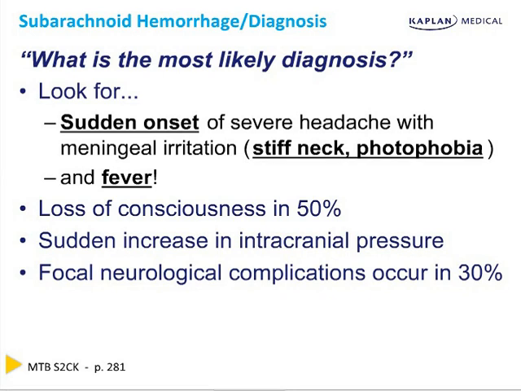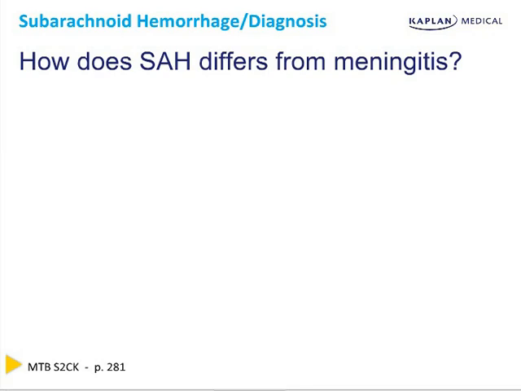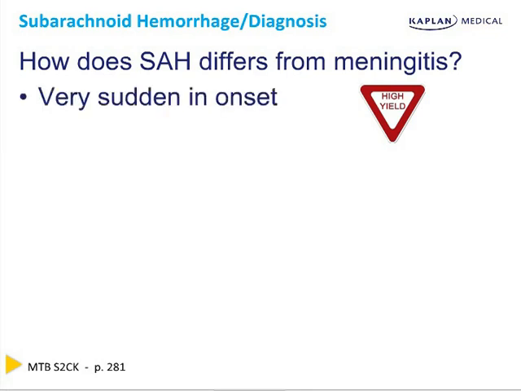One third of people with meningitis have focal neurological findings. But the complication here of focal neurologic findings, not just in the eyes, will help you to recognize it as subarachnoid. The bottom line on how the subarachnoid differs and allows you to answer the most frequently asked question on step 2 comes down to you just have to know 2 lines. It is sudden in onset and there's a loss of consciousness.